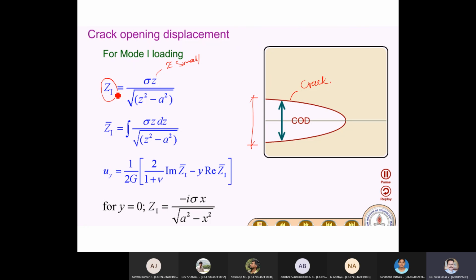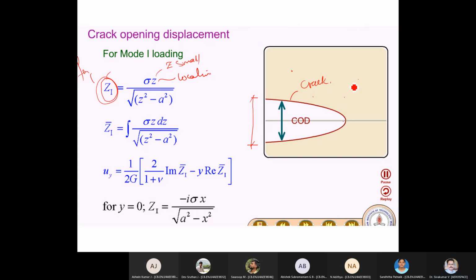The author could have changed the notations, but somehow he is keeping the same thing. Capital Z is a function. Small z is a location.